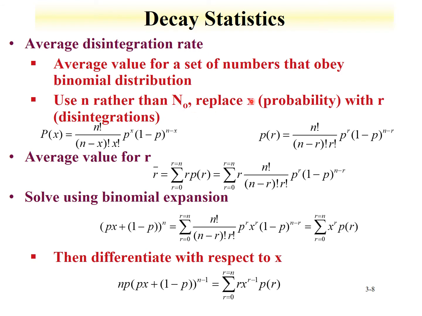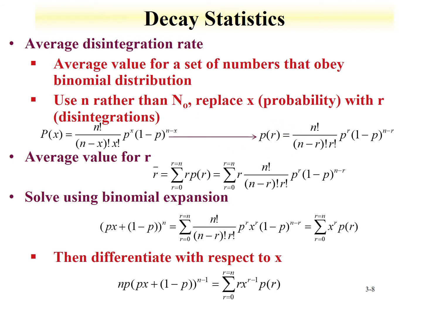And we're going to replace X, the probability, with disintegration. So what we're going to say is talk about how many disintegrations fall within a certain bin. We're going to expand that equation here. And then the equation we generate, where we replace the X with disintegrations, becomes this equation.